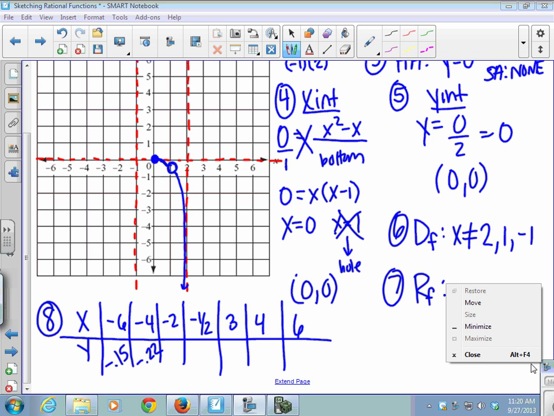Hang on one second. I'm trying to, it won't move out. Go ahead. At what time? Think about something you want to add on it once.